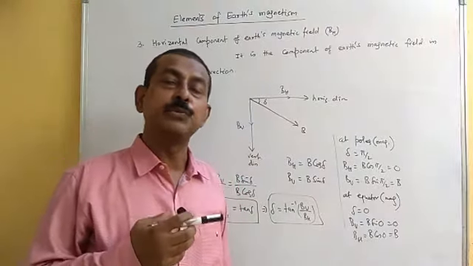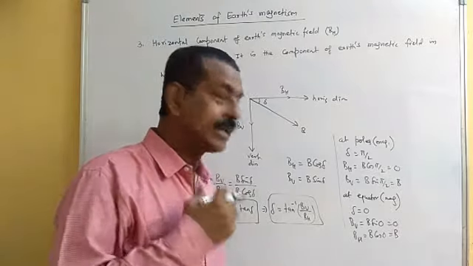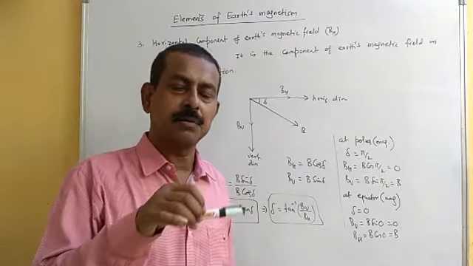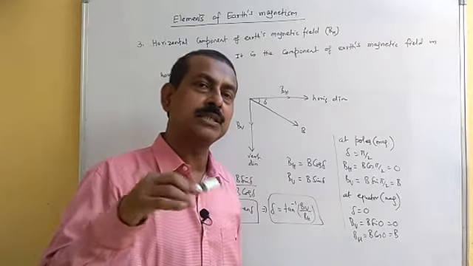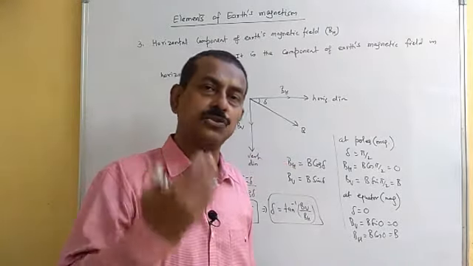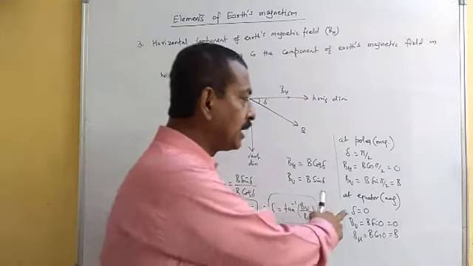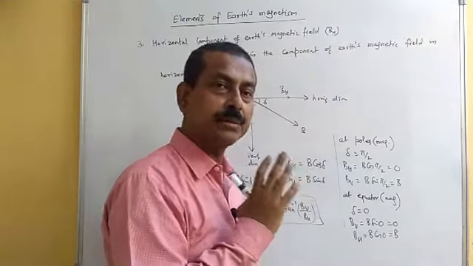Another case: if you take it at the magnetic equator, the magnet is horizontal there. In that case, the angle made by this with the horizontal direction is 0. So there delta is 0, the angle of dip is 0 at the magnetic equator.